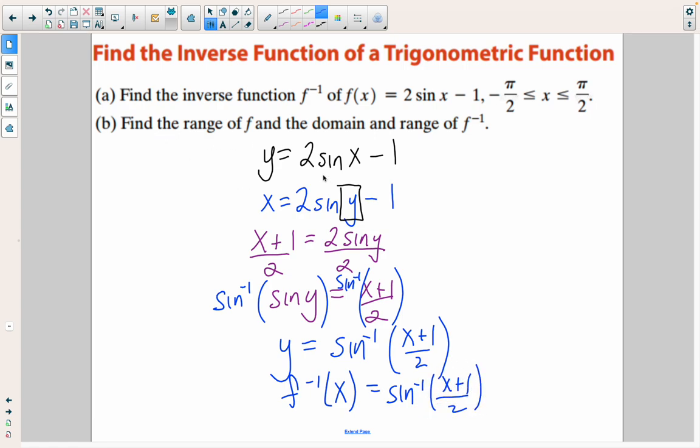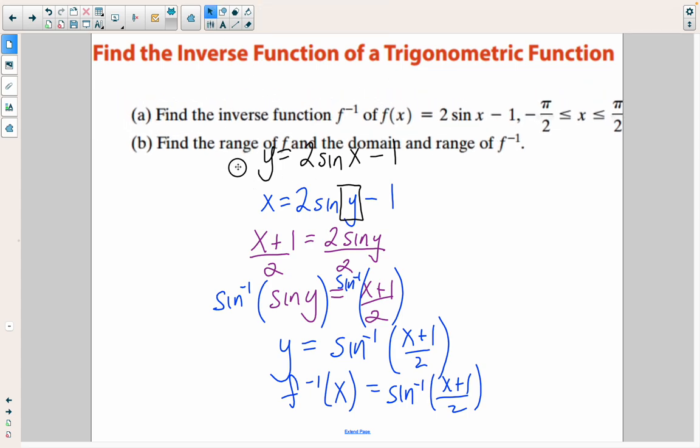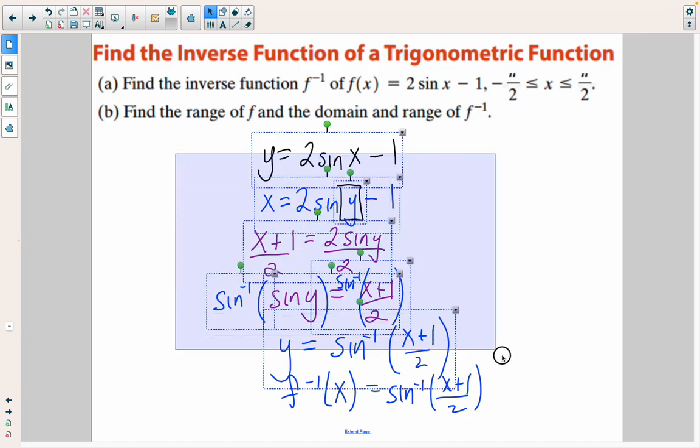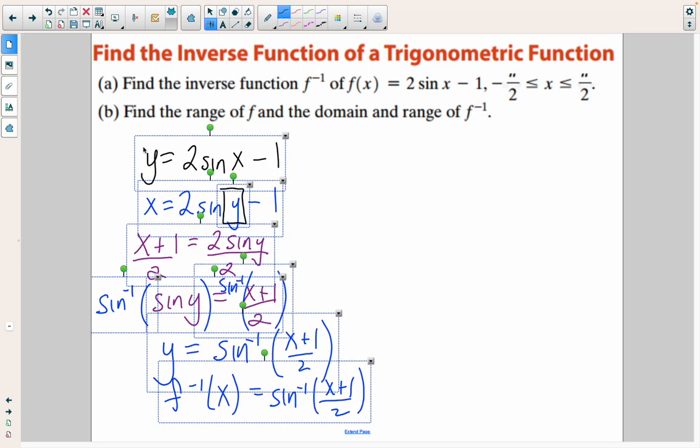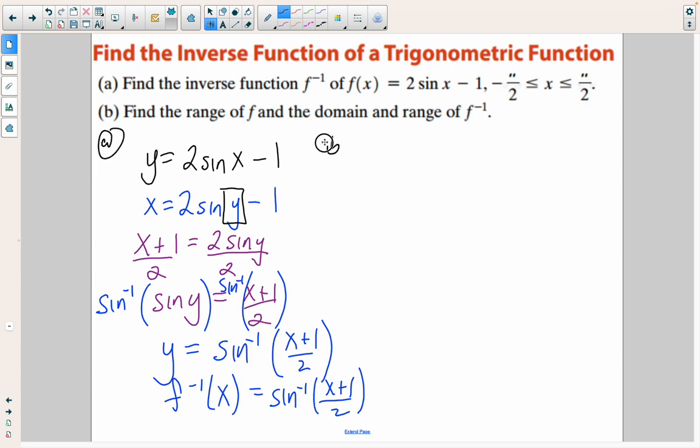Part B says find the range of f and the domain and range of f inverse. So if we think about the original function, this is a sine function. Its midline is -1, and our amplitude is 2.